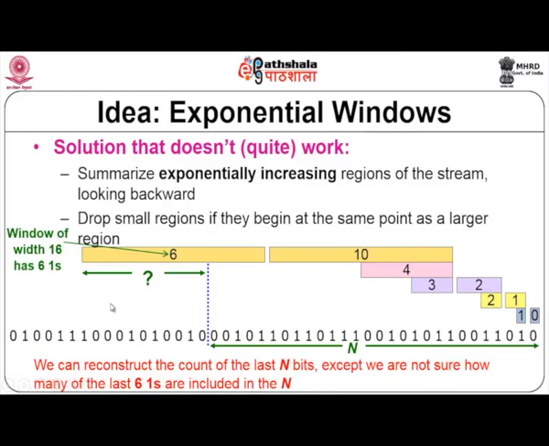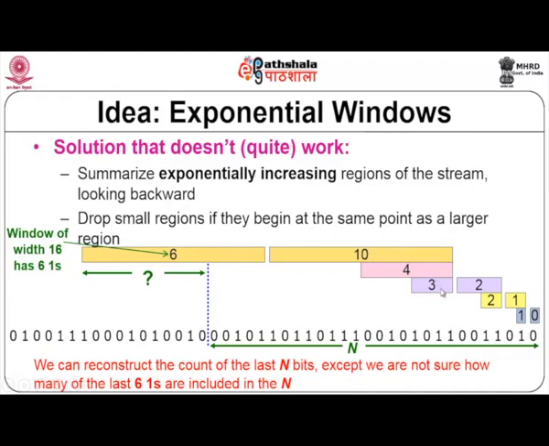Now, what they do is drop small regions if they begin at the same point. For example, here you find a window which comprises 3 elements beginning at this point. Similarly, another window which comprises 4 ones also starts here, and there is one more window that comprises 10 ones beginning at the same point of time.